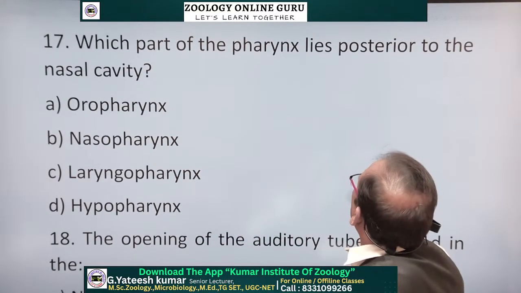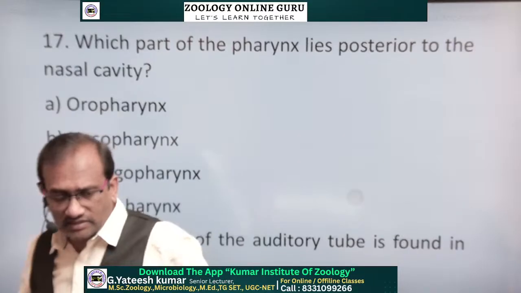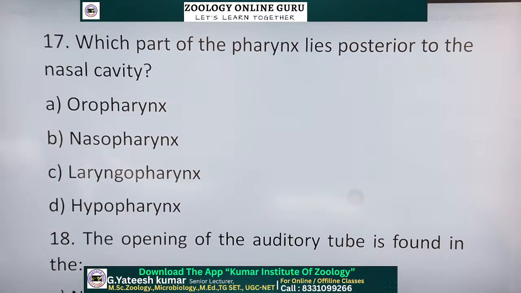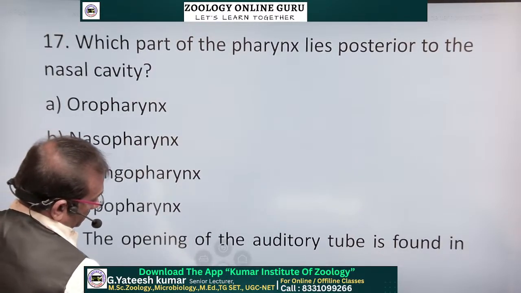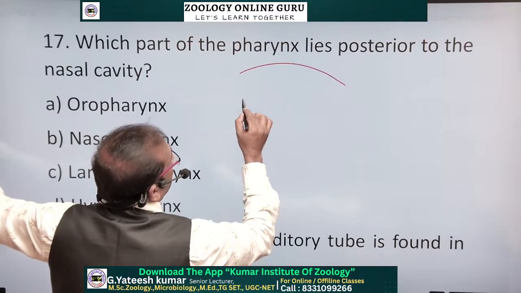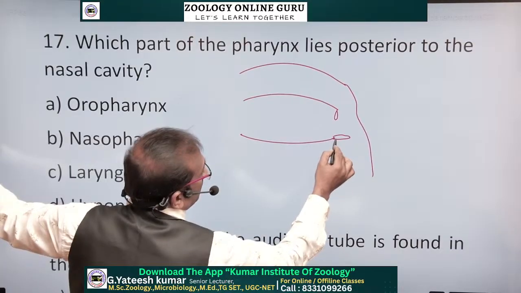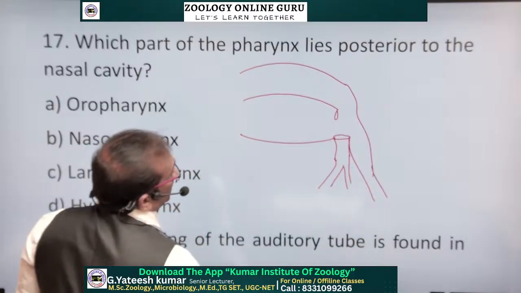Which part of the pharynx lies posterior to the nasal cavity? Oropharynx, nasopharynx, laryngopharynx, or hypopharynx. Here we have the nasal cavity, palate, oral cavity, uvula, esophagus.